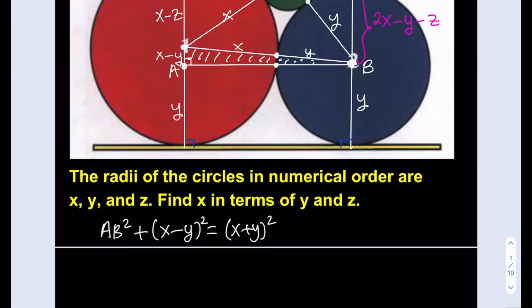So AB squared is going to equal the difference of these two quantities. As you know, in our previous problems, we established that it's equal to 4xy. From here, I can find the length of AB. I guess I'm just going to write it as AB. Okay. AB is going to equal 2 root xy. Okay. All right. So that's going to be the length of AB.